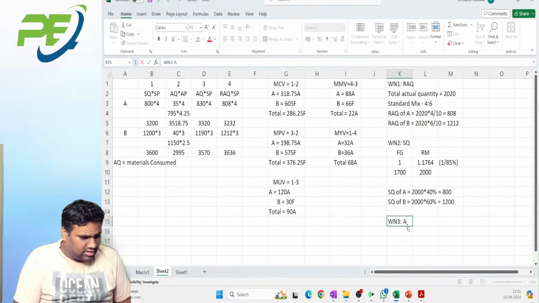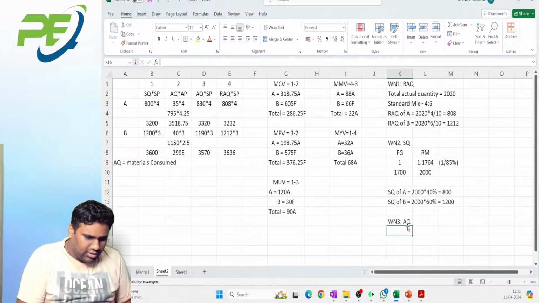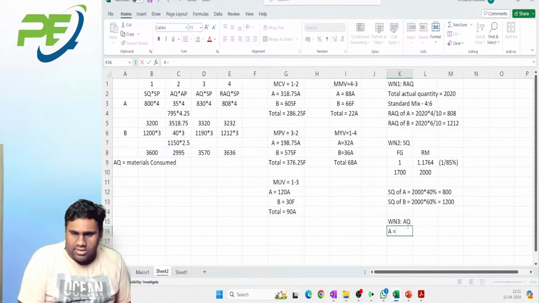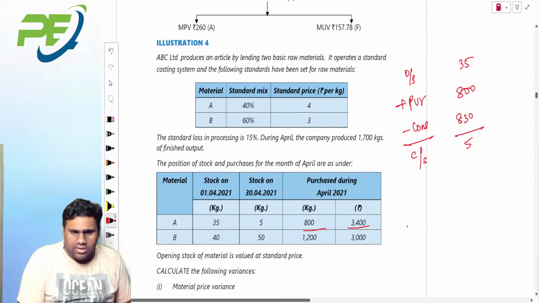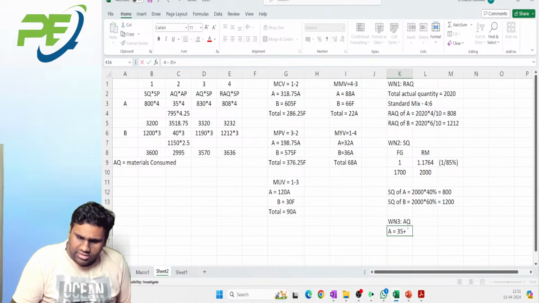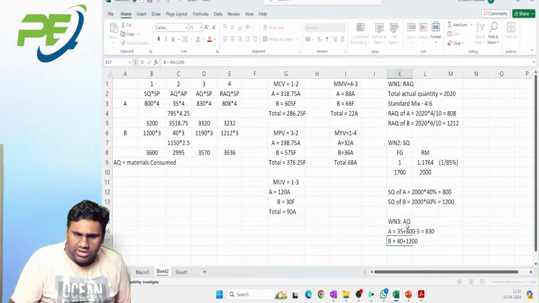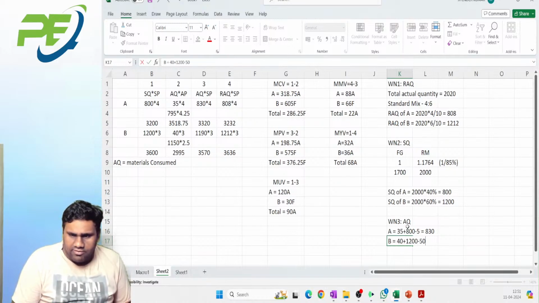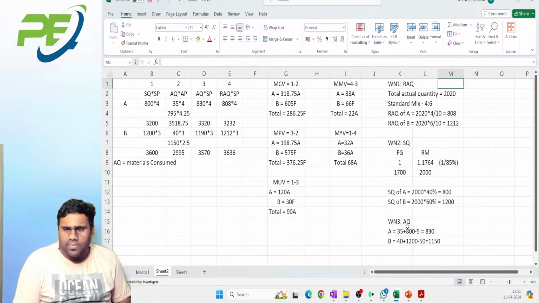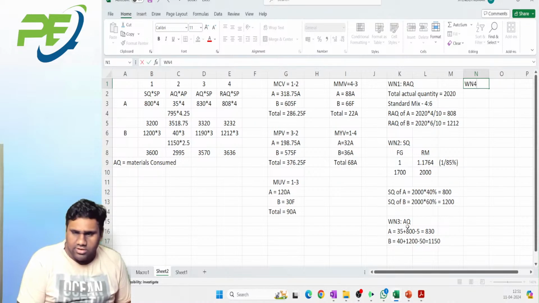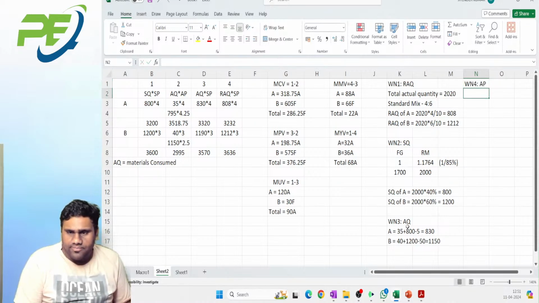AQ. So for A, 35 plus 800 minus 5, 830. And for B, 40 plus 1,200 minus 50. So that is AQ. Then one more, working note 4 for AP.